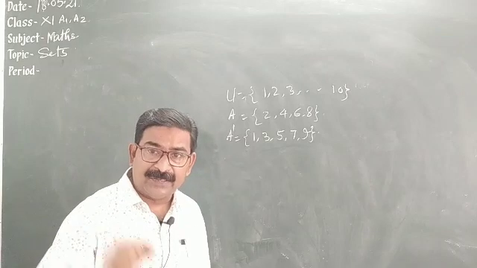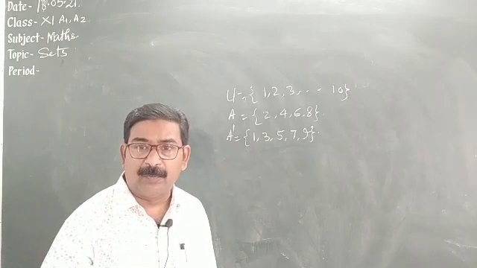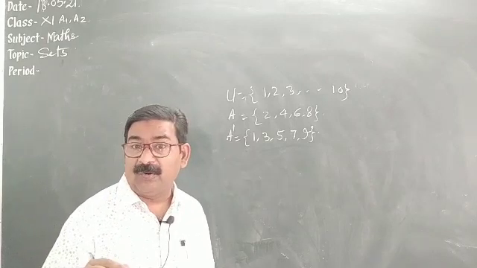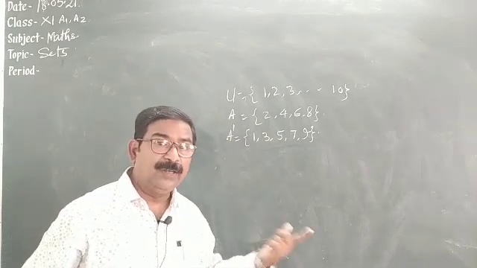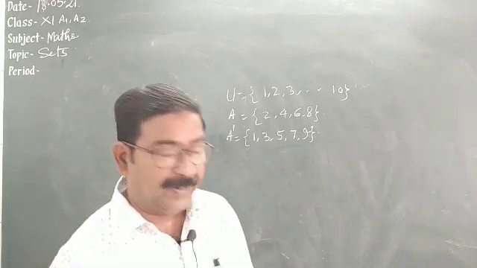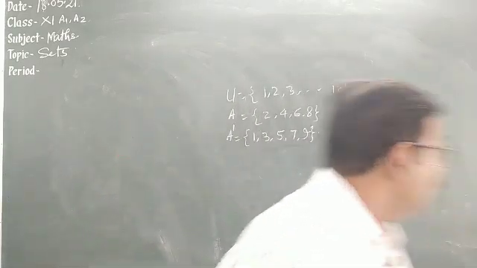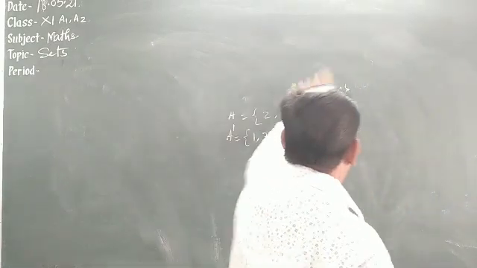If an element is not found in the complement, then it is found in the set. So make your mind clear. Now let's see De Morgan's law.